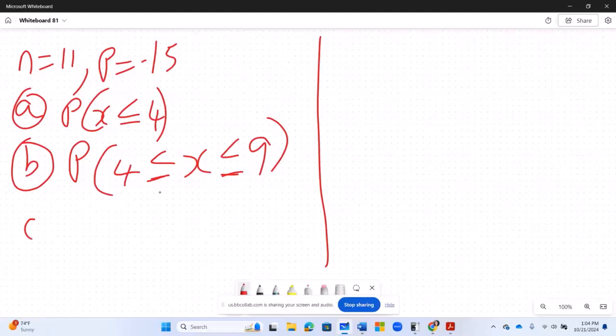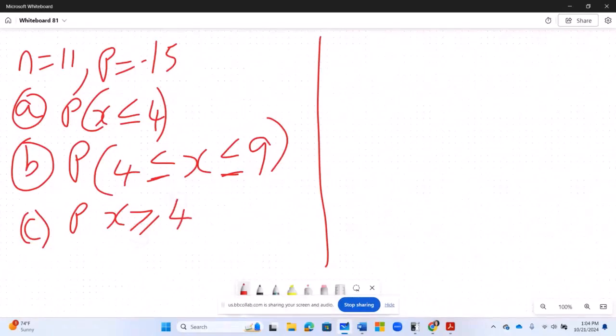In binomial, I can also have at least. So I can be told to find the probability that the random variable x is greater than or equal to 4. If it's greater than or equal to 4, it starts from 4 to 11.